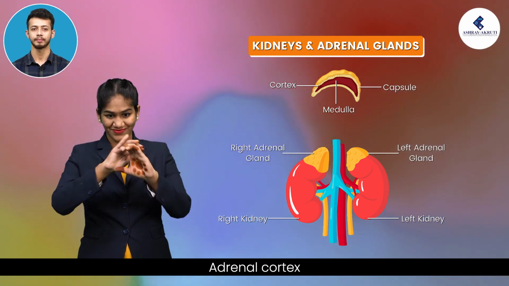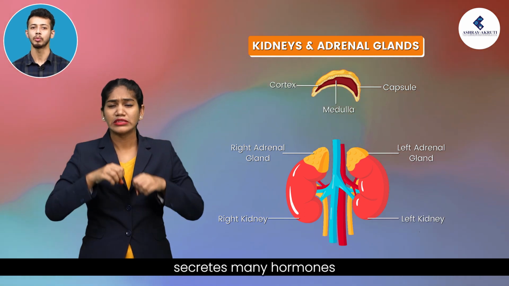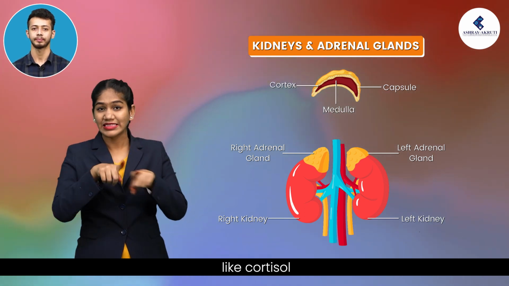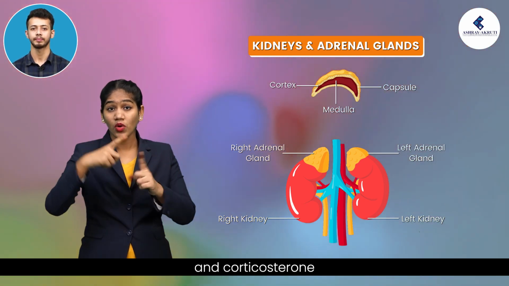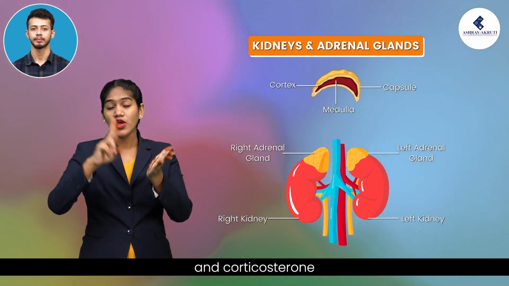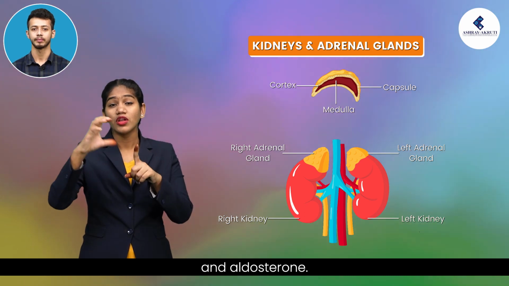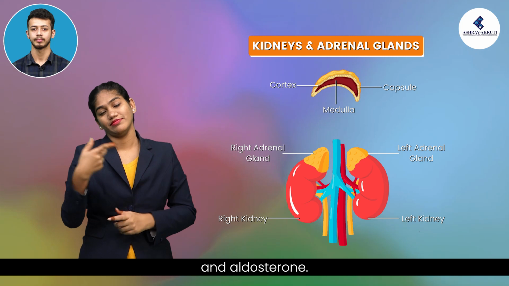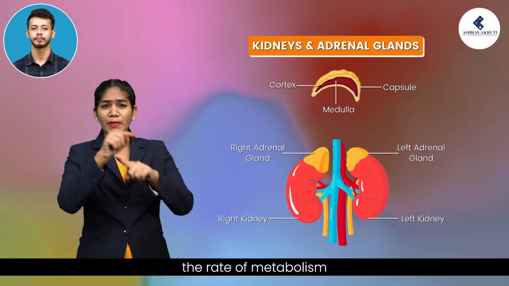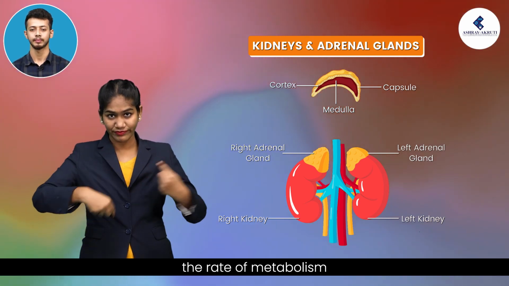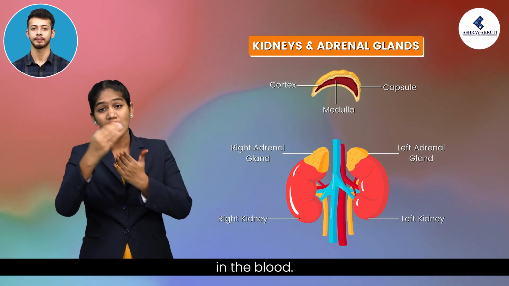Adrenal cortex secretes many hormones like cortisol and corticosterone and aldosterone. Cortisol regulates the rate of metabolism and the concentration of salts in the blood.